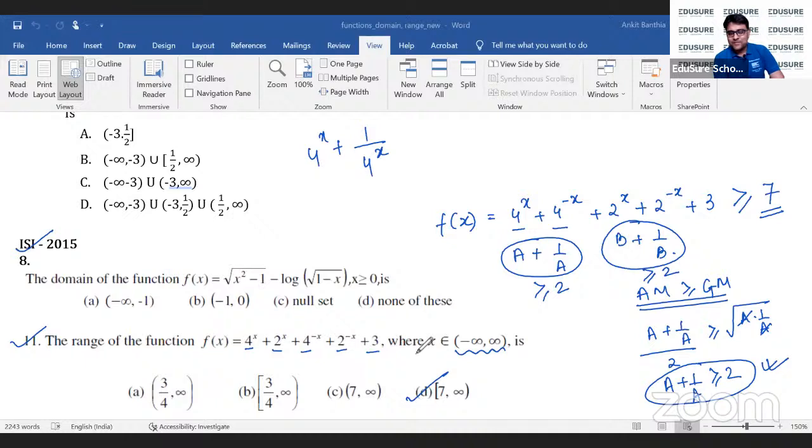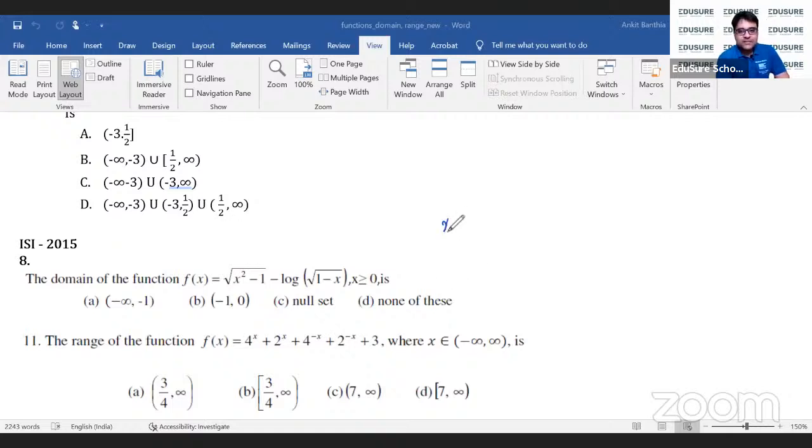Now let's take a look at the other approach. The other approach basically entails taking values. Take x equal to 0: 1 plus 1 plus 1 plus 1 plus 3, so f at 0 will be equal to 7.